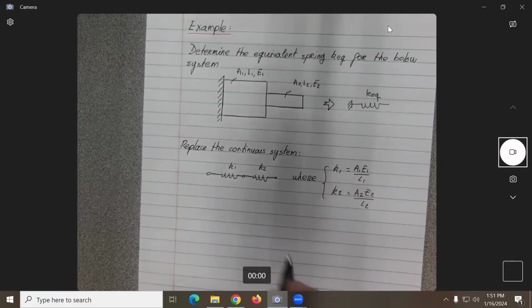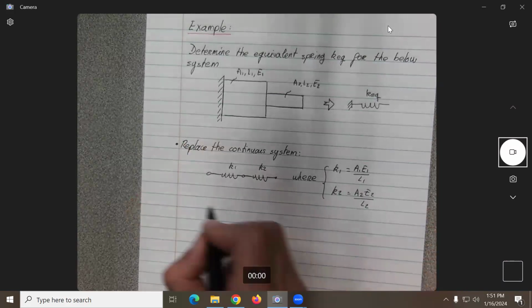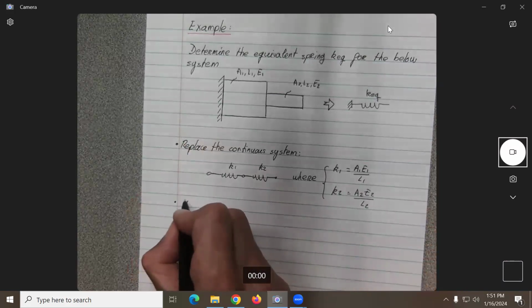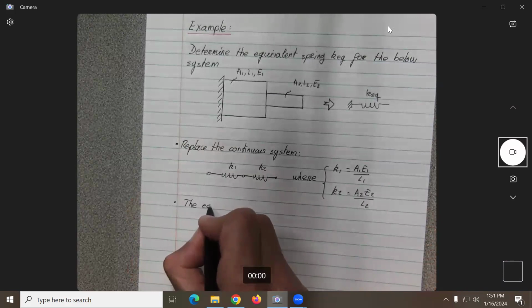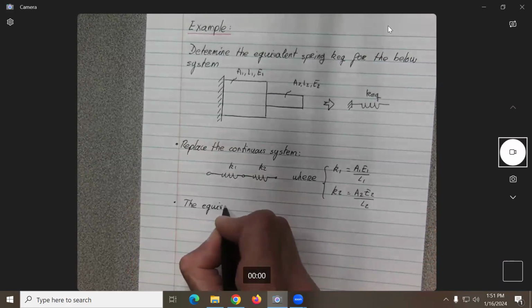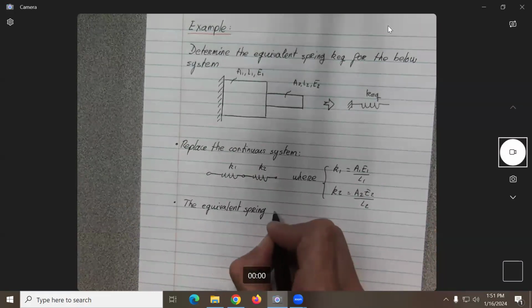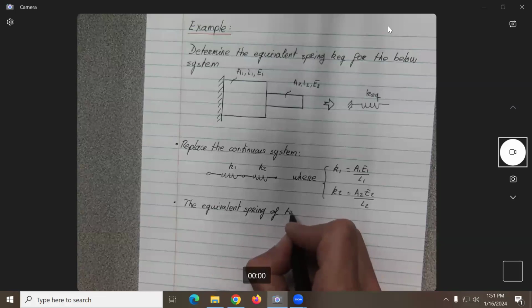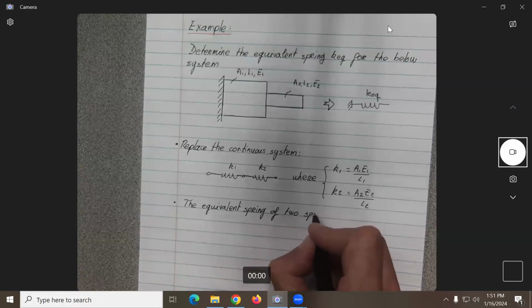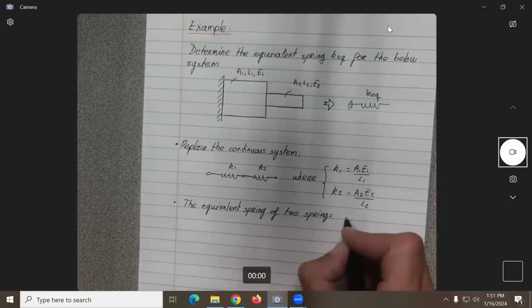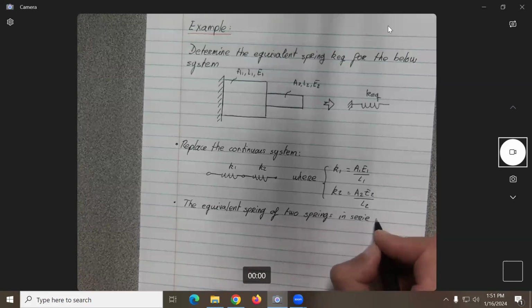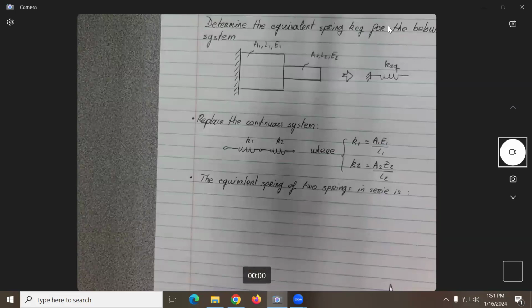Okay, so then next, what do we do? The equivalent spring of two springs in series is, what should it be then now?